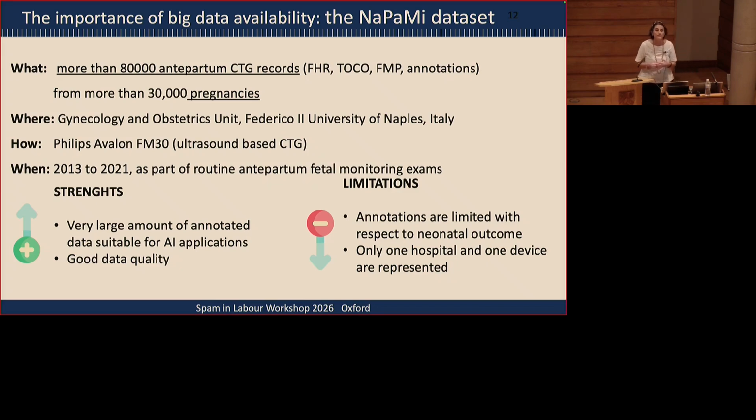The data set isn't designed a priori, so it is collected during clinical activities. It is affected by these characteristics.